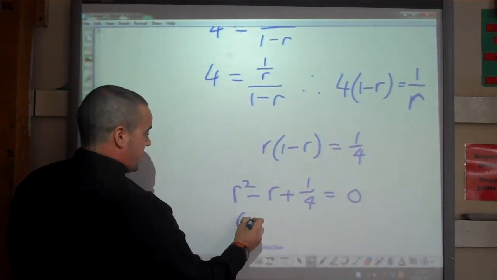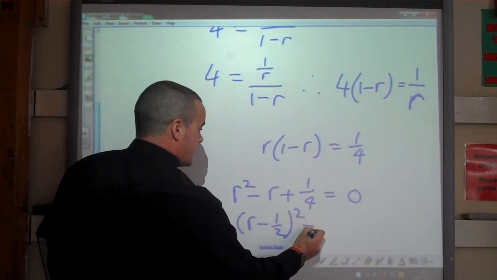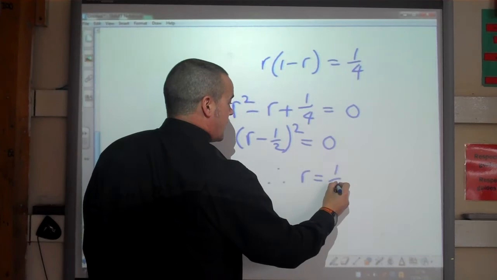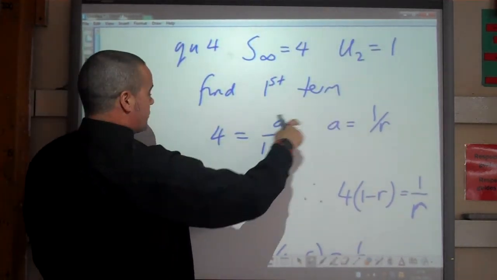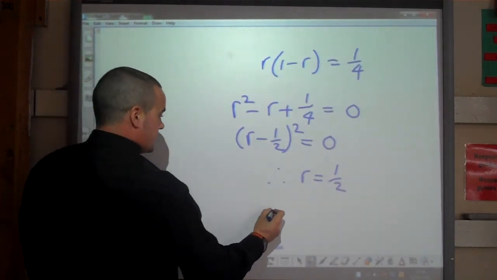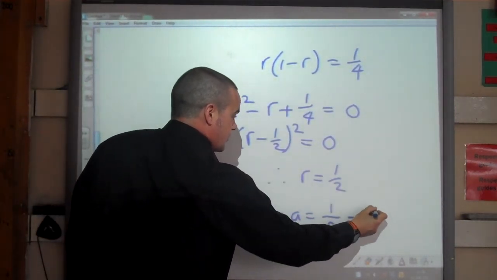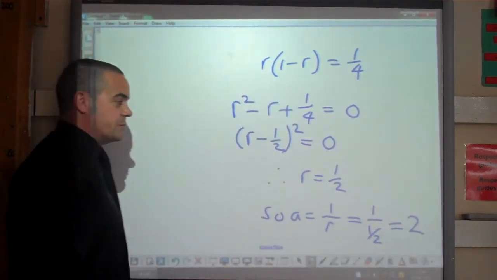And this factorises to r minus a half, squared, equals 0. Therefore r is equal to a half. So if I know the common ratio is a half, I know a is 1 over r. So a, which is 1 over r, is equal to 1 over a half, which is 2.